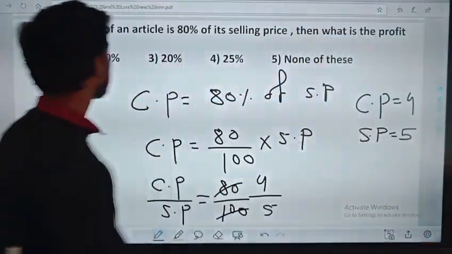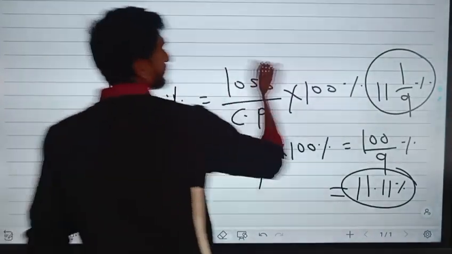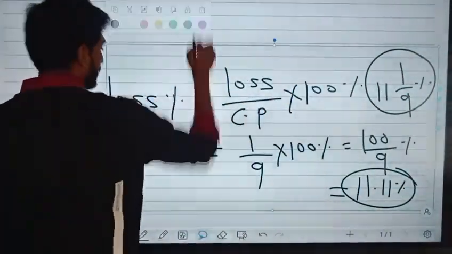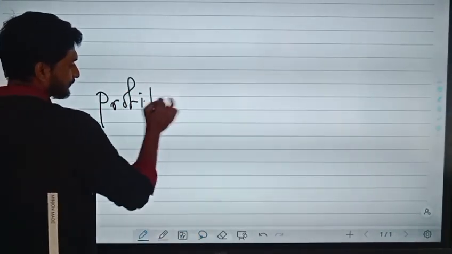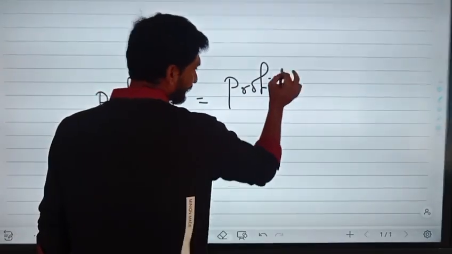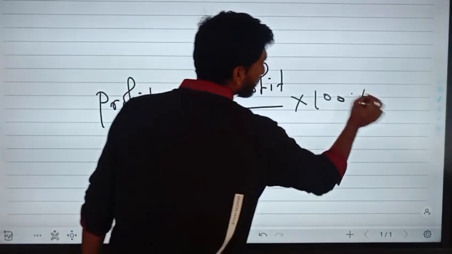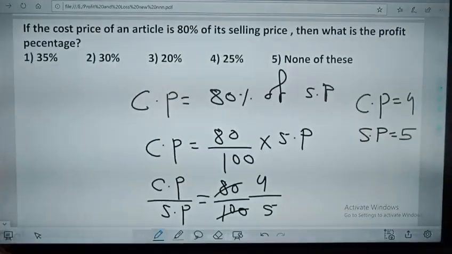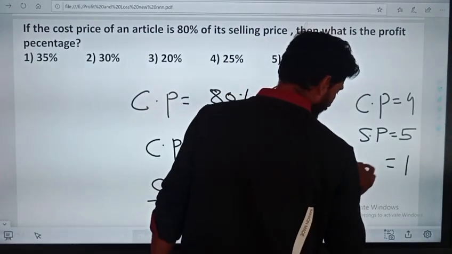Now here we find the profit percent. Profit percent is equal to profit upon CP, cost price, into 100%. Now here your profit is 1 rupee.